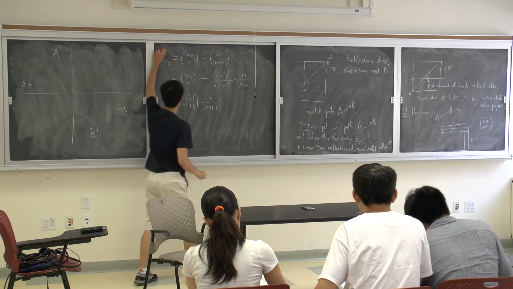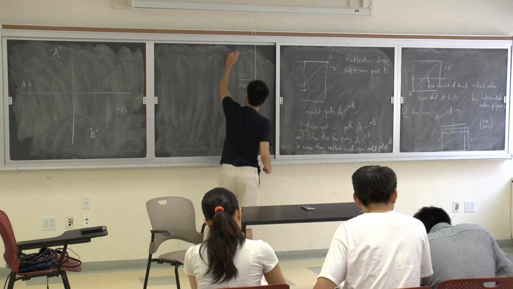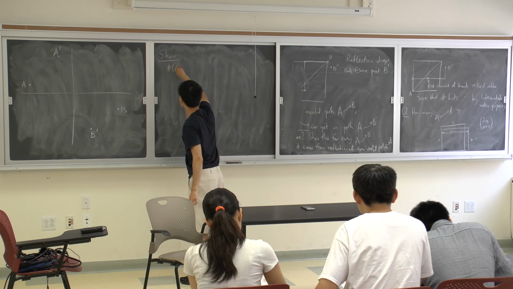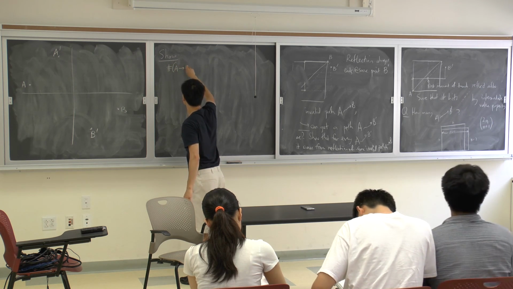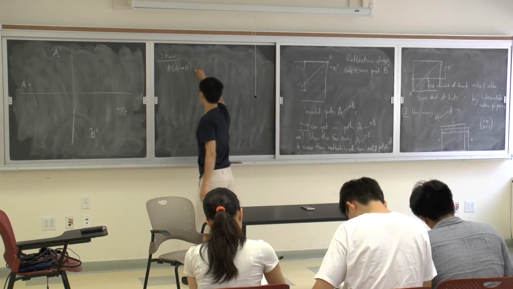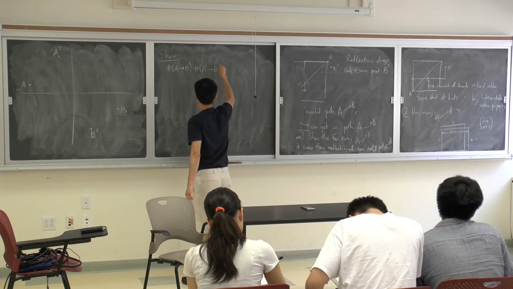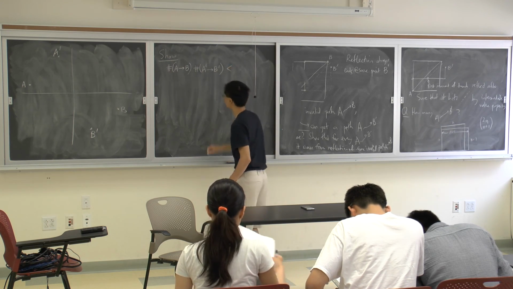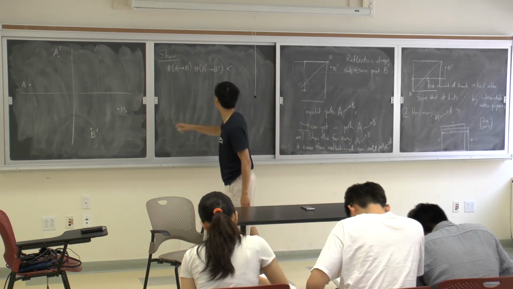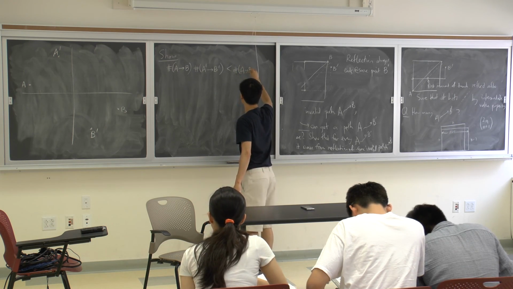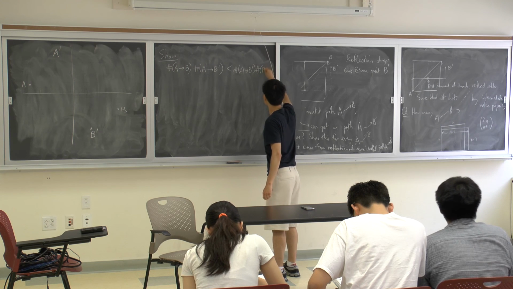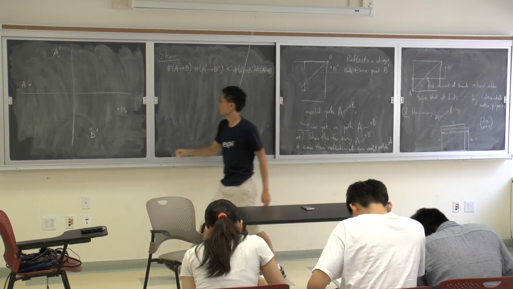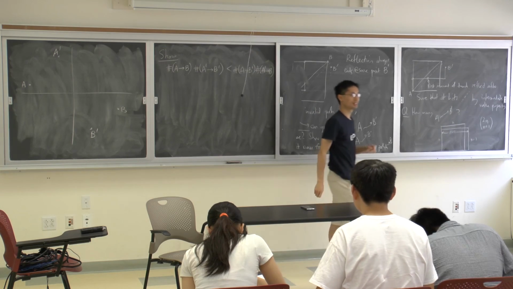And before, what we were trying to prove is we were trying to show that if you take the number of paths going from A to B, multiplied by the number of paths going from A prime to B prime, that this was always less than, no, yes, that this was always less than the number of paths that go from A to B prime times the number of paths that go from B to A prime, no, A prime to B. Does this make sense? That's what we had before.